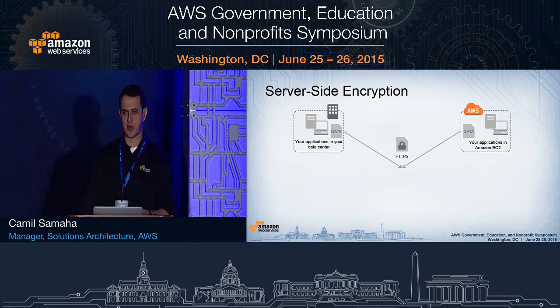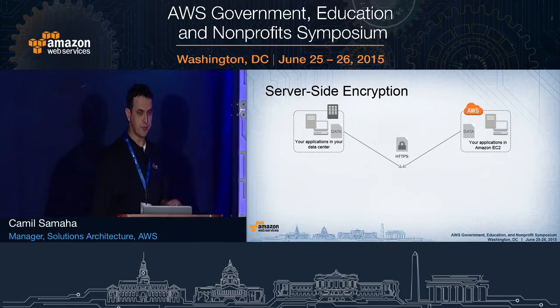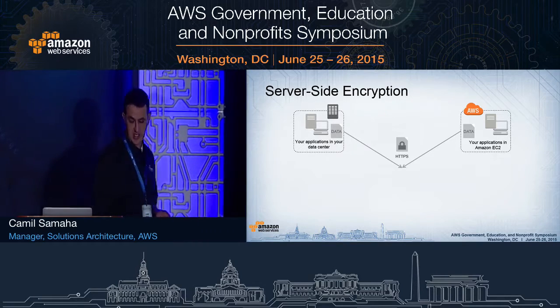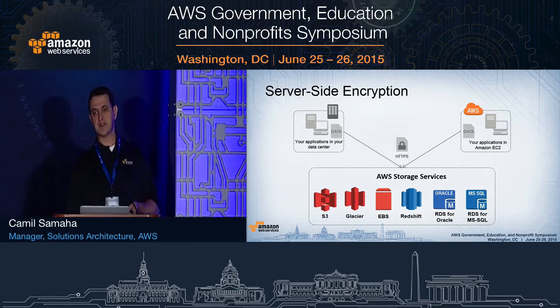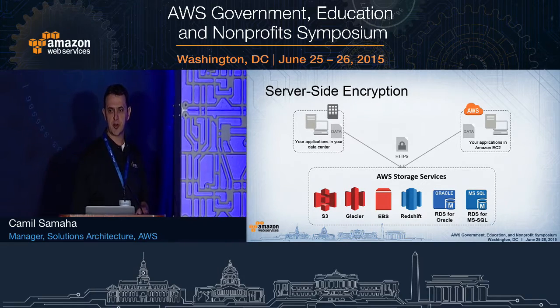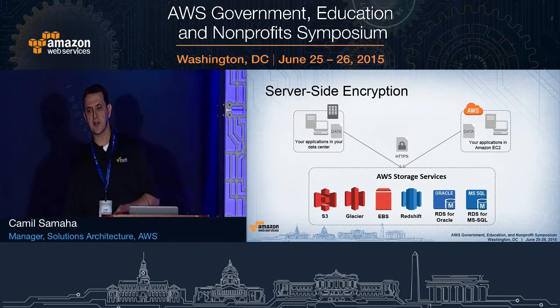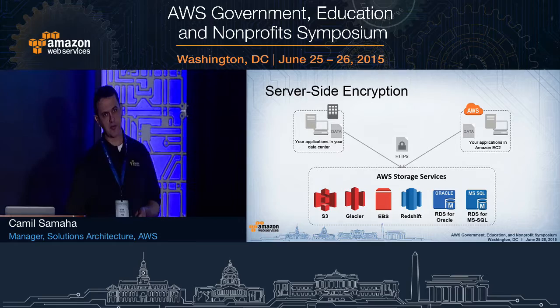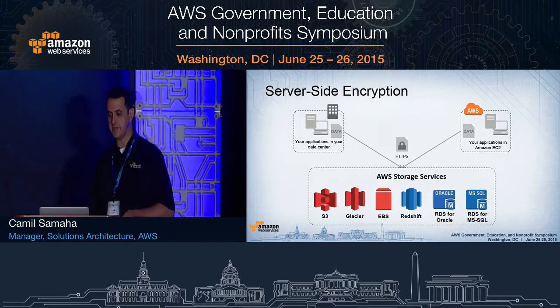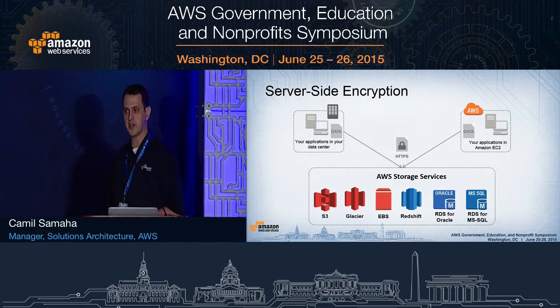All our service endpoints support HTTPS. And then you will be able to leverage the services that do provide server-side encryption, which automatically encrypts your data on your behalf. And those are S3, Glacier, EBS, Redshift, and RDS.